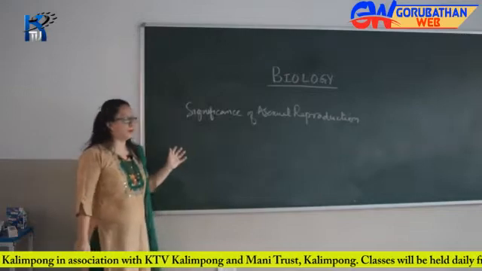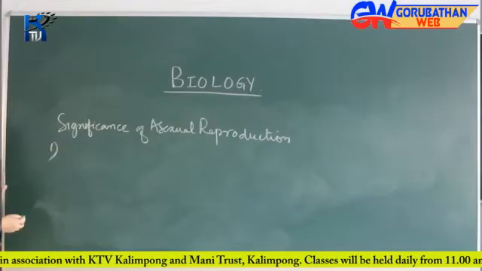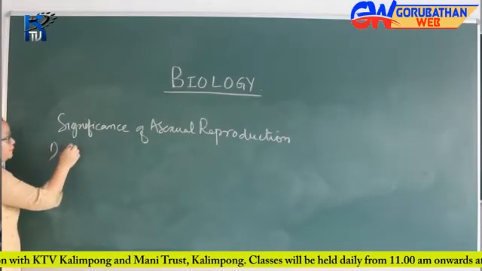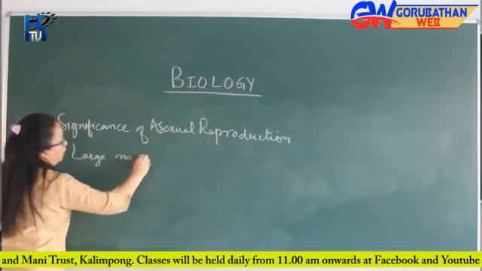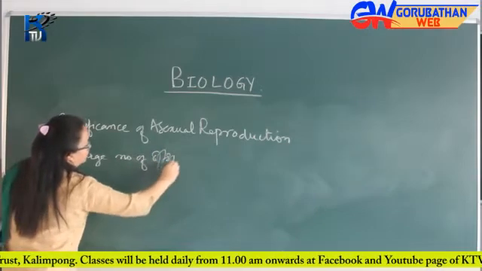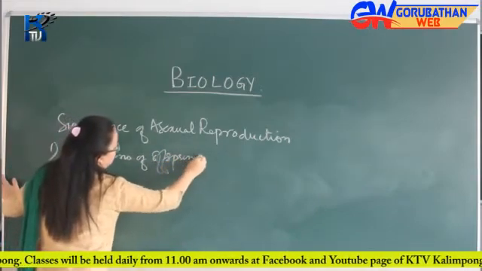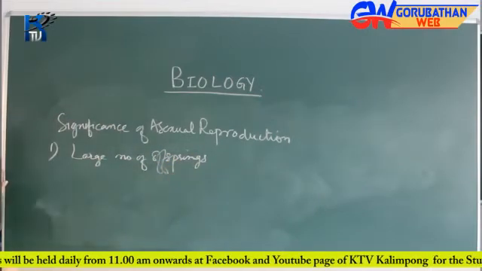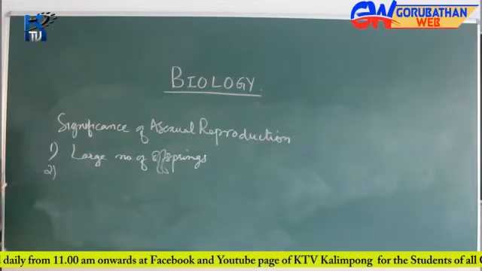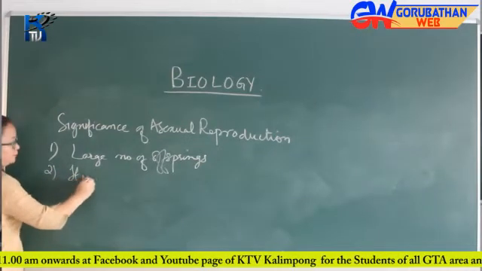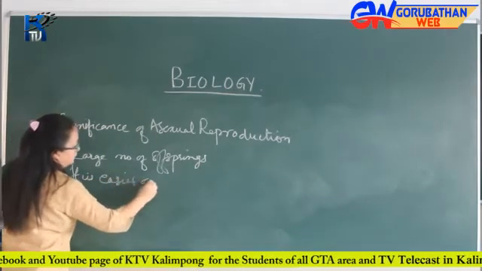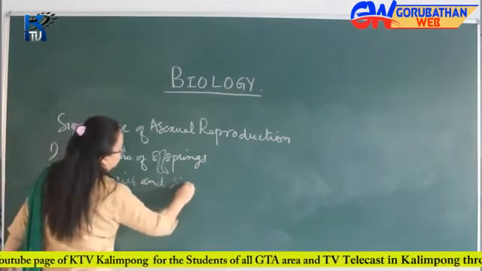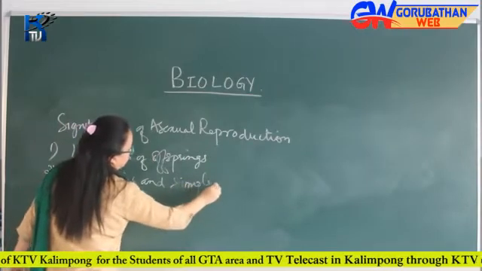Now, the significance of asexual reproduction. Point 1, a large number of offsprings will be produced. Point 2, it is an easier and simple method.